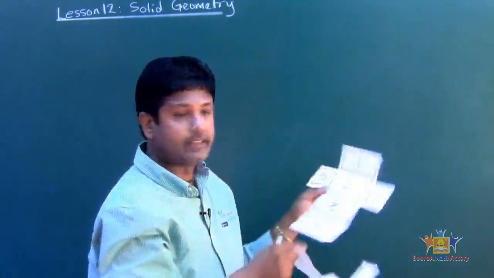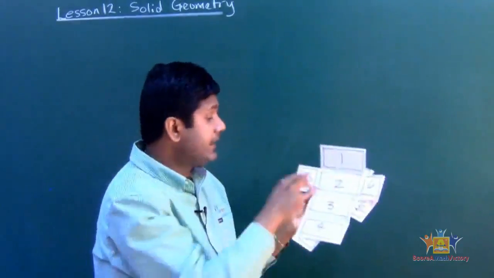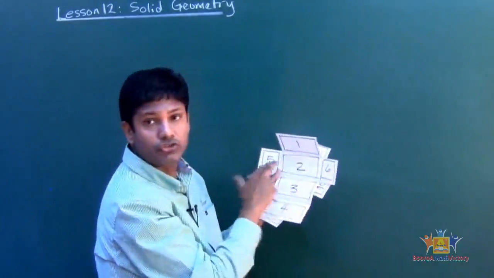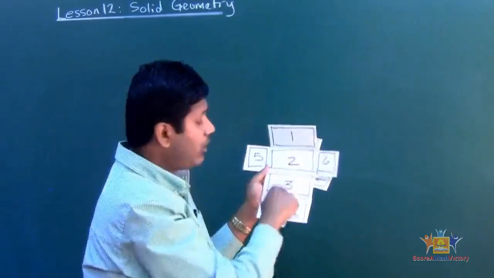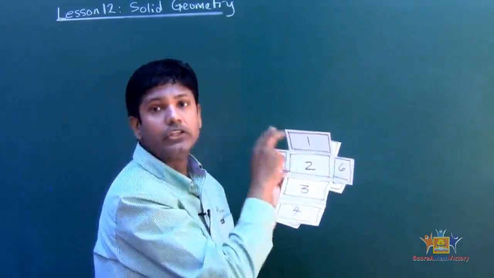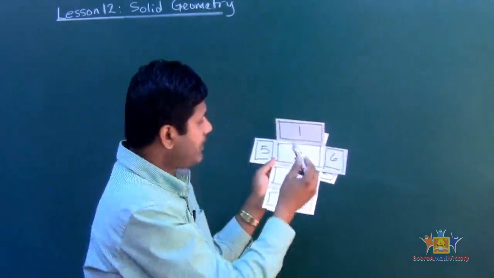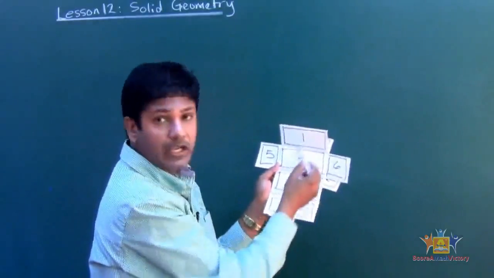Now, is it all the time that all these four are going to be equal? Not necessarily. It depends on the shape. In this case, it turned out to be, because these two are square, and that's why all these four are the same. If this is a rectangle, the opposite sides are going to be identical. What do I mean by that? These two are going to be opposite to each other.